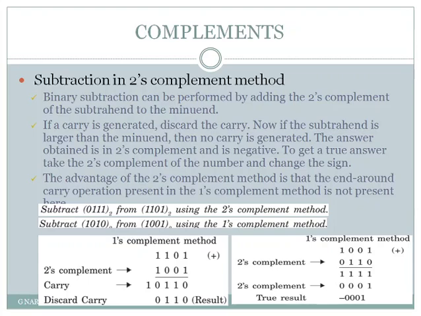You have to subtract 0, 1, 1, 1 from 1, 1, 0, 1 using two's complement method. That means 1, 1, 0, 1 minus 0, 1, 1, 1 is the subtraction operation that is to be performed. So for this, what we have to do?